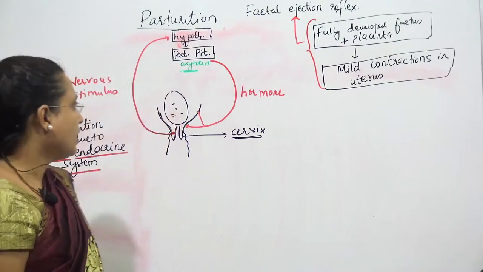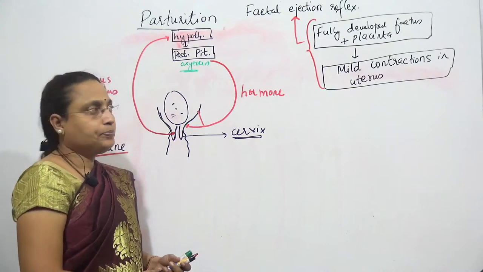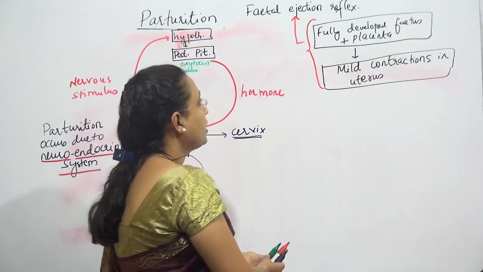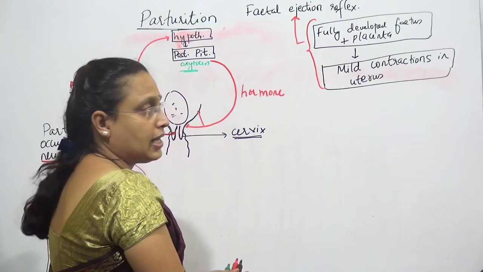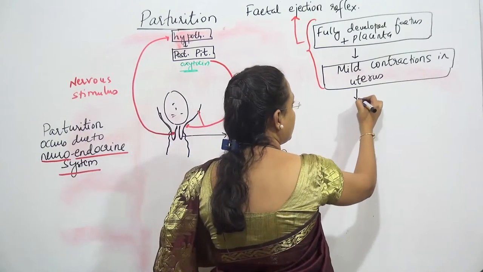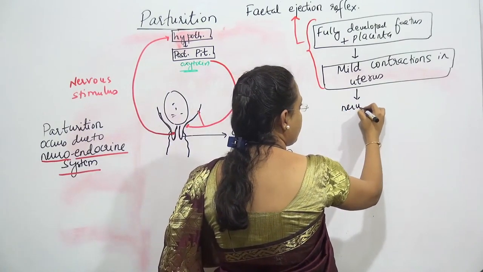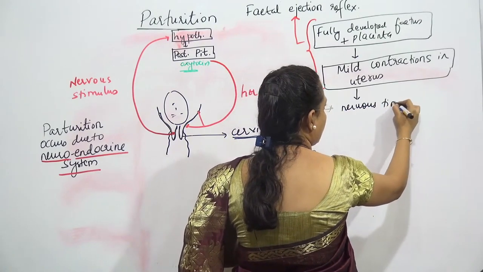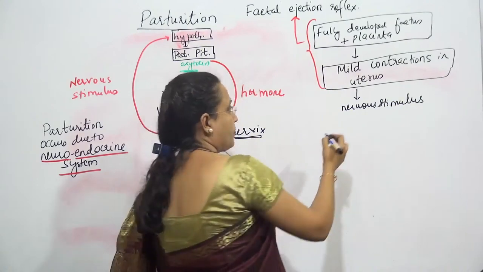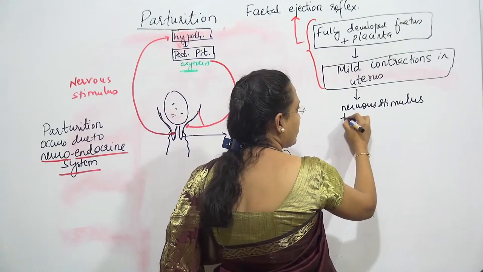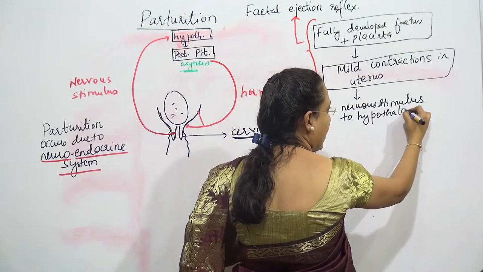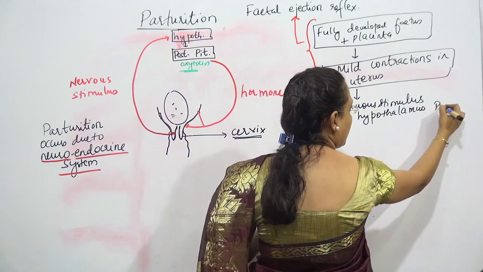Now what happens? So mild contraction starts. Then this will send a nervous stimulus to the hypothalamus, and of course one more, which is the gland, the posterior pituitary.